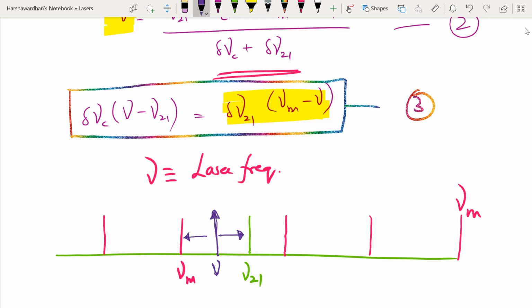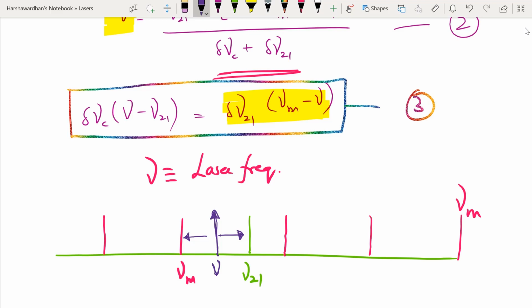It has to reside somewhere in between. So you see, this is the notion of frequency pulling. We no longer have a bare cavity where the frequencies are simply determined by the length of the cavity. We also have another resonant frequency, which is that of the atomic system itself, the active medium. It is trying to pull the frequency towards itself. It's an interplay between these two effects that leads to the eventual oscillation of a particular laser frequency.